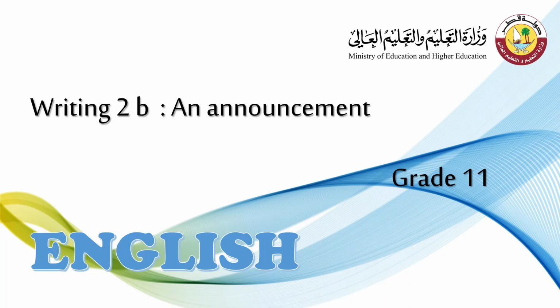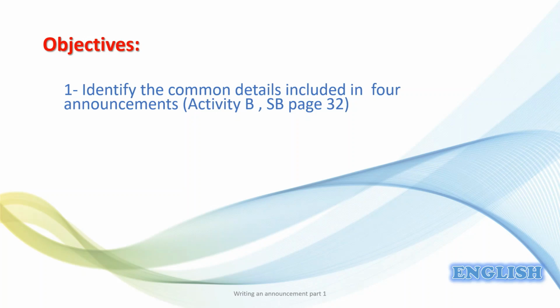Hello everyone. In our lesson today, we are going to study how to write an announcement. We are going to cover 4 main objectives. First, you are going to identify the common details included in 4 announcements through Activity B on your student book, page 32.